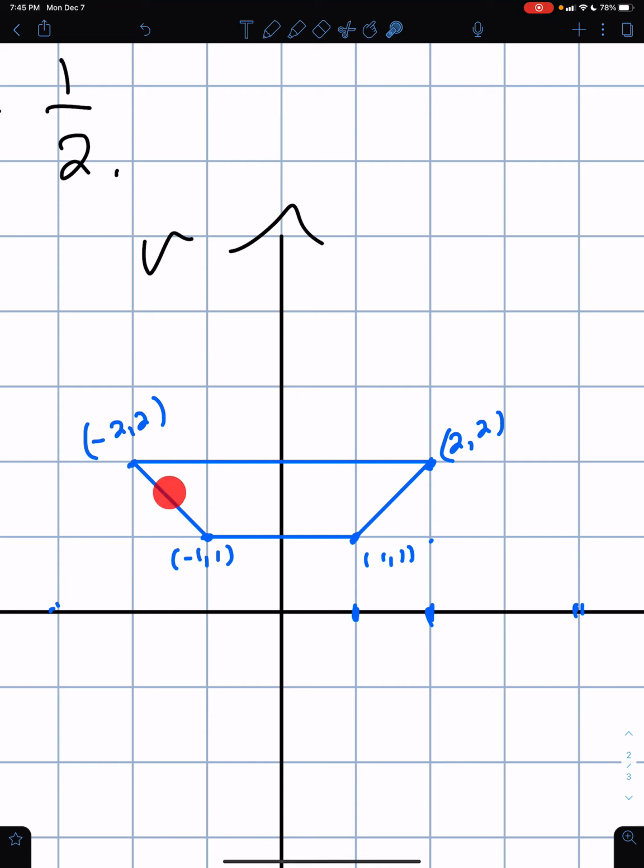You want to go across, so you only have one region to integrate over. So you need the equation of these lines. Those are lines, you need the equations of those. And then you're going to integrate from this side to this side. That's what you end up doing.